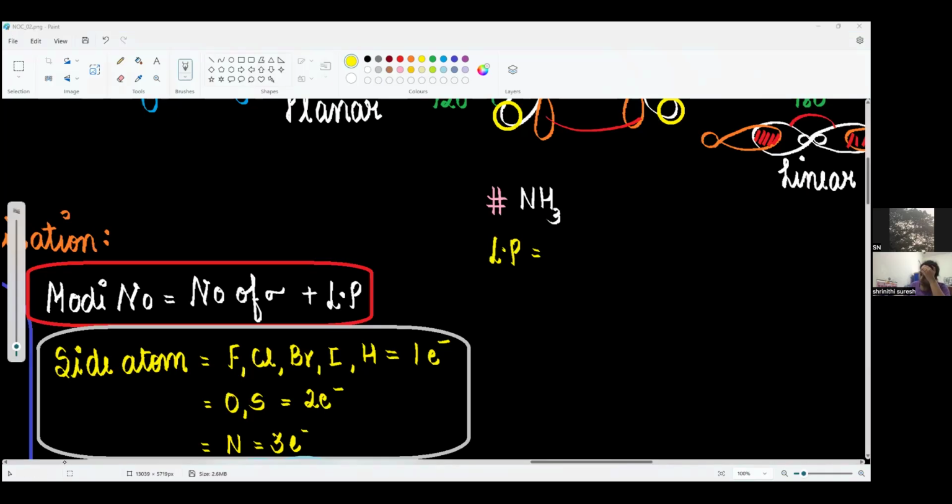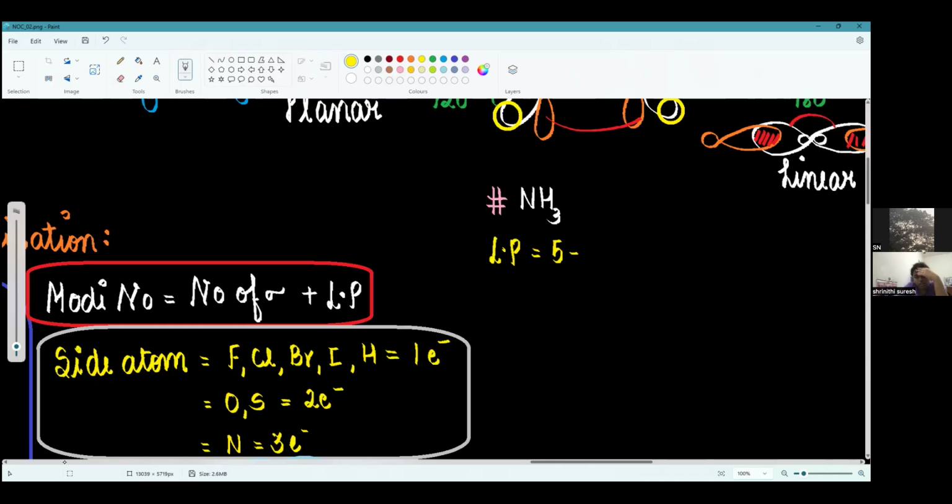So what are the valence electrons for nitrogen? Nitrogen is 5. Very good. 5 valence electrons, and minus how many electrons are shared by the side atoms? 3 side atoms. Very good. Yes, 3 side atoms, and hydrogen shares 1 electron.